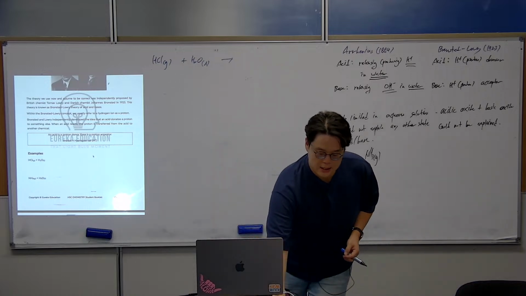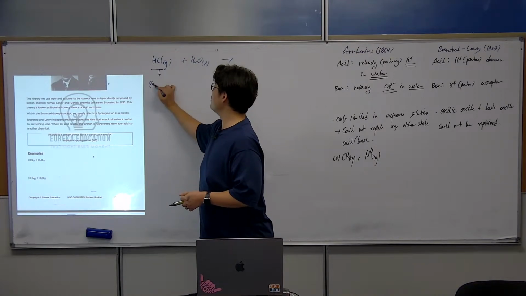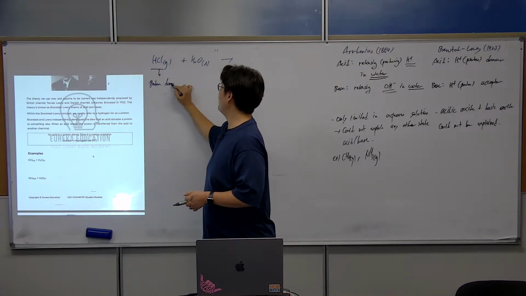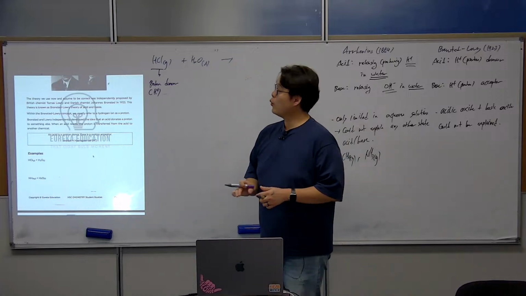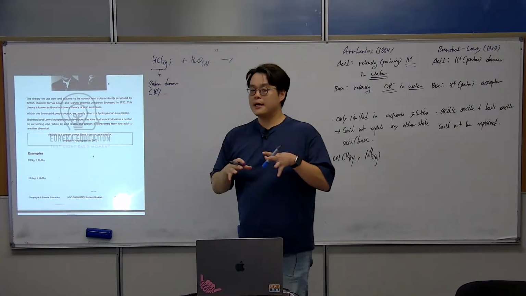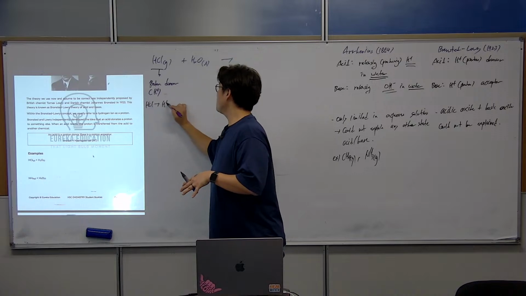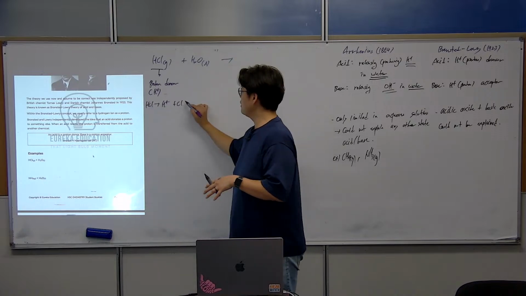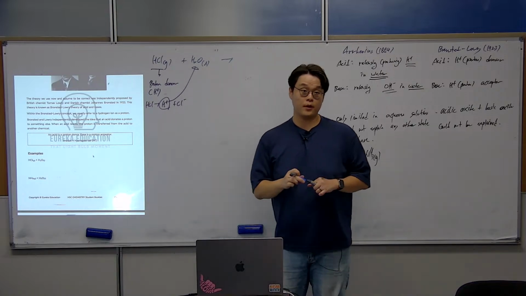So as soon as you see the acid, you've got to think about it as your proton donor, the hydrogen ion donor. What that means is this hydrochloric acid will be split into H plus and Cl minus, and the H plus will be donated to the H2O.